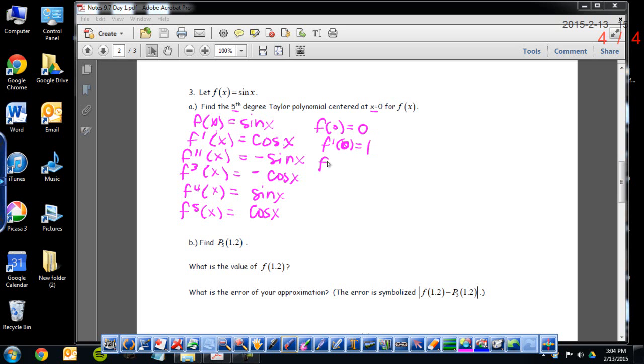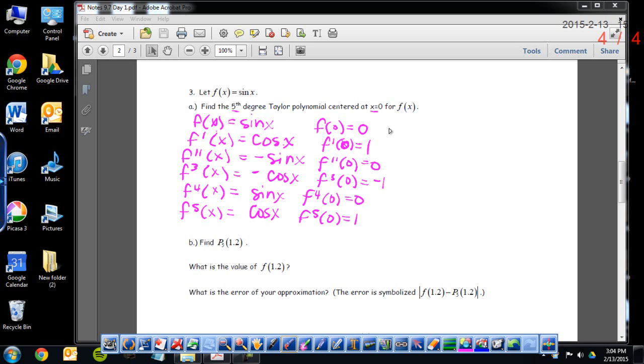F double prime of 0 is 0. The third derivative at x equals 0 is going to equal -1. The fourth derivative is going to equal 0. And the fifth derivative will equal 1. And you can see that there's a pattern going on here.